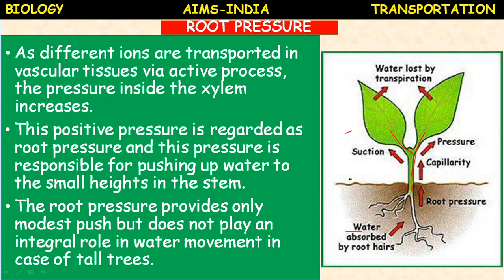Only in herbaceous plants is it possible. In tall trees, the magnitude of pressure developed is too small to push the water to the upper portion, the apical region. So by means of root pressure, in small herbaceous plants, the uptake of water takes place.